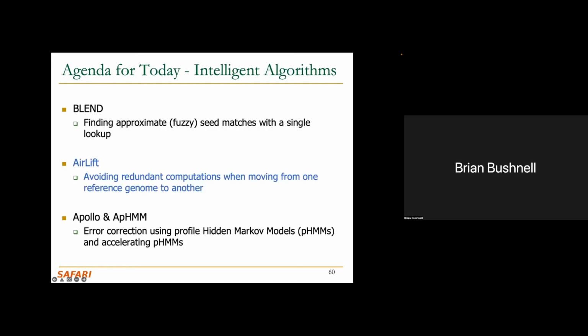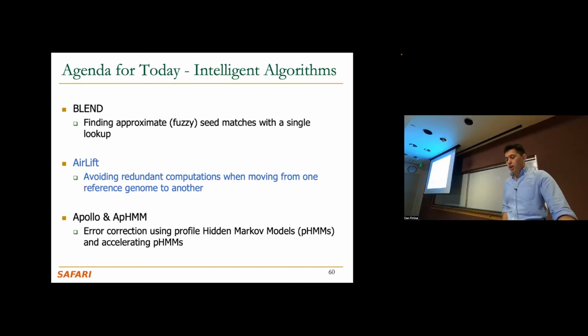I was wondering if you have any data on how robust BLEND's approach is to single mismatches, or, for example, what the rate is of bits flipping in the composite seed at a certain identity? Yeah, that's a very good question, which we also got from the reviewers.